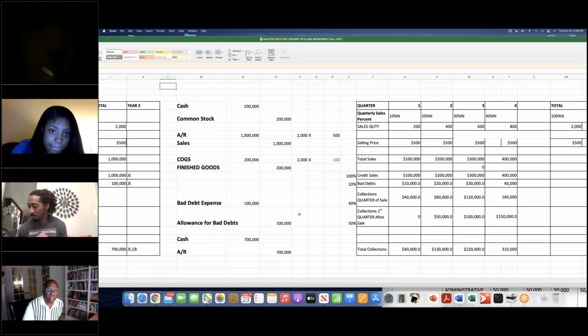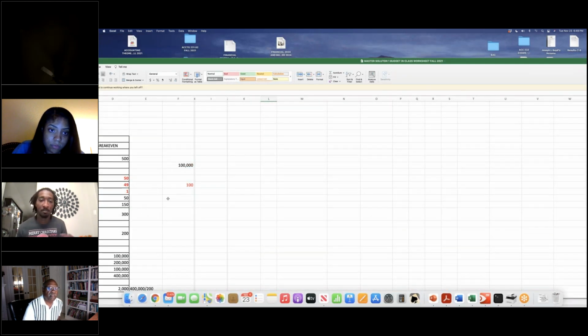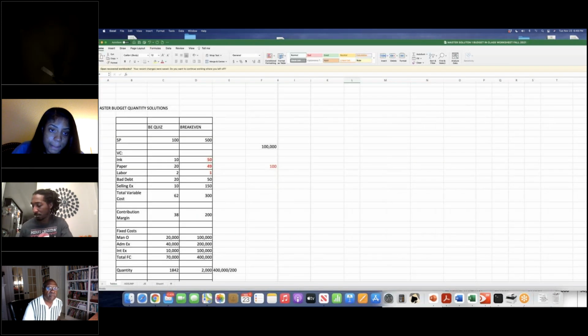Then that's 3 of the journal entries. Your initial investment comes here. And then you have to calculate your cost of goods sold. That's simply going to be the quantity sold times what? These costs here, the product cost.